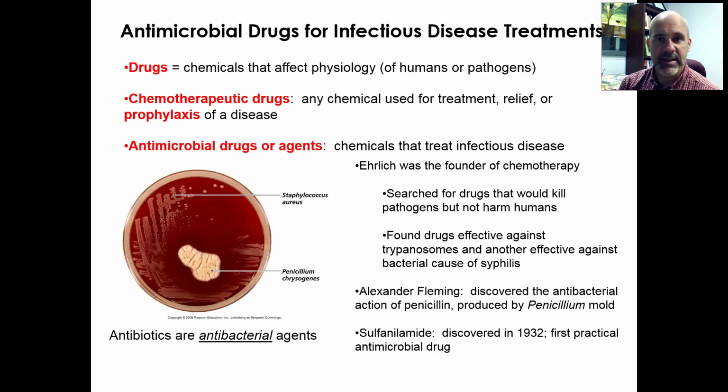Now this is not a vaccine. Yes, vaccines are prophylactics as well because they help prevent infections, but vaccines work by stimulating your immune system to do a job. In this instance, we're thinking about chemical drugs that you would take, like let's say, people when they travel to parts of the world where there are lots of infectious diseases that we don't get exposed to over here, like malaria.